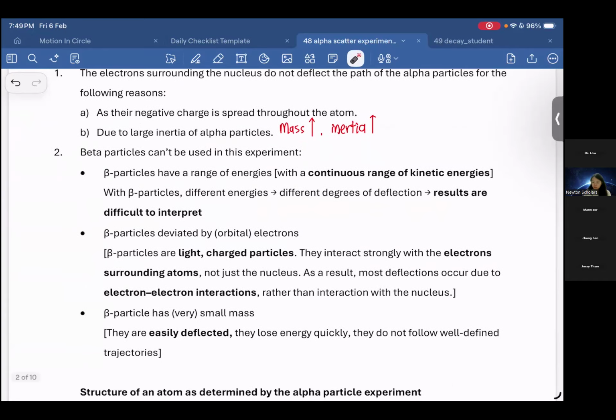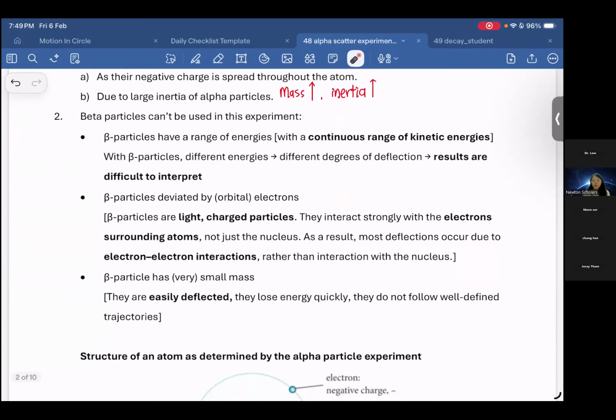Another question students ask is why we choose alpha particles in the experiment. Why not beta? We are not using beta because beta has a range of energy. Its energy is in a continuous range and can be any value. This one we will learn in the next worksheet.